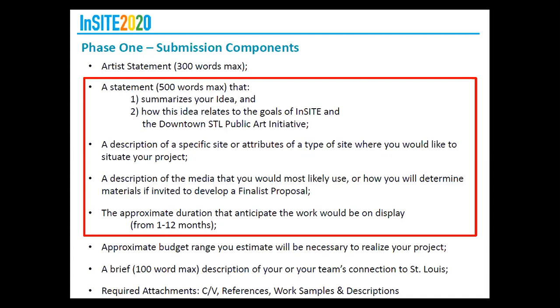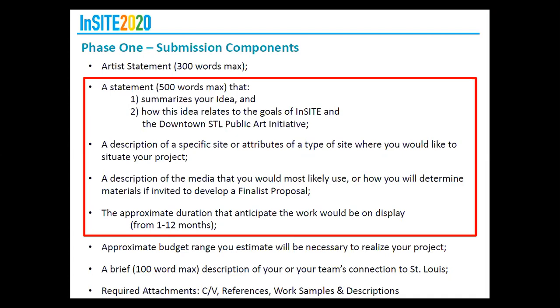The components are the artist statement, a statement that summarizes your idea and how it relates to the goals of InSITE and the Downtown STL Public Art Initiative, the description of a specific site or the type of site where you would envision your project, a description of the media that you would use, the approximate duration that you would think the work would be on display, and the approximate budget range that you estimate would be necessary, a little statement about your connection to St. Louis, and then we'll talk about the different attachments.